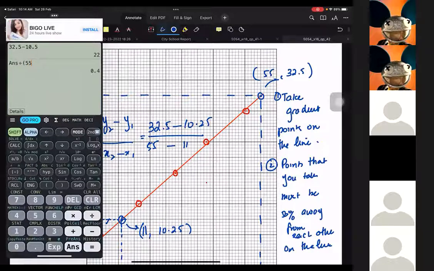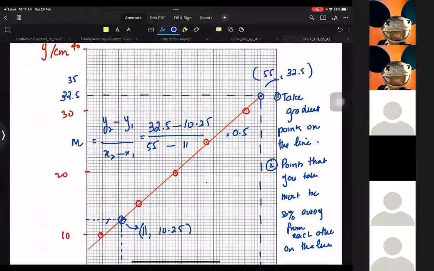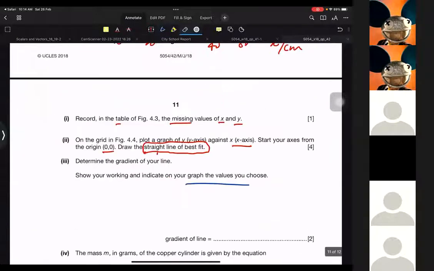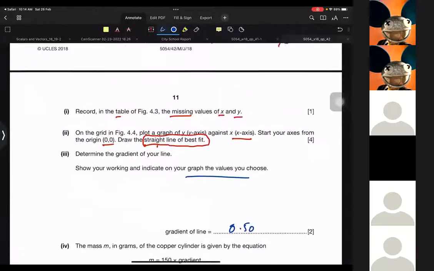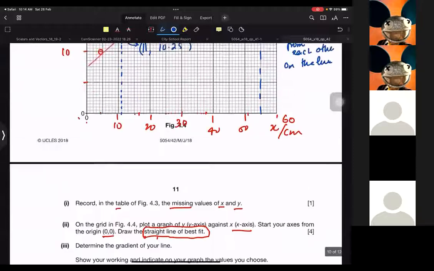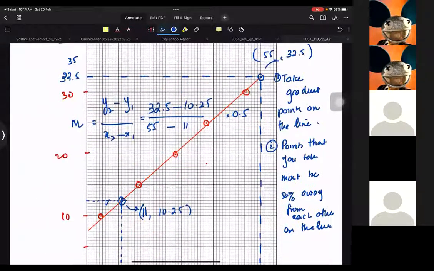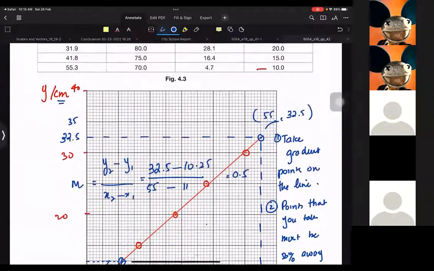So my answer is exactly 0.5. Now, to write 0.5 is a bad idea because you would ideally want to write it in 2 to 3 significant figures. So I'm going to write 0.50 as my answer. Now, sometimes you will also have units. In this, there are no units because you had the same units on both sides, so they cancel out. But if they're not, then you also need to check the units.